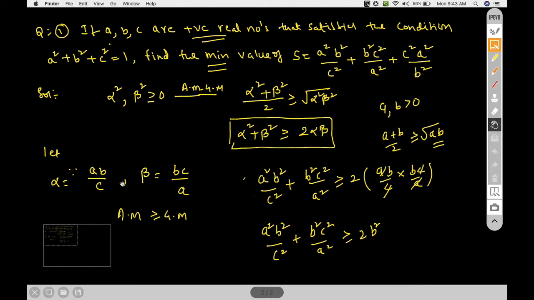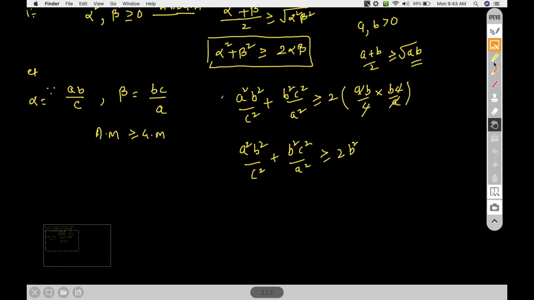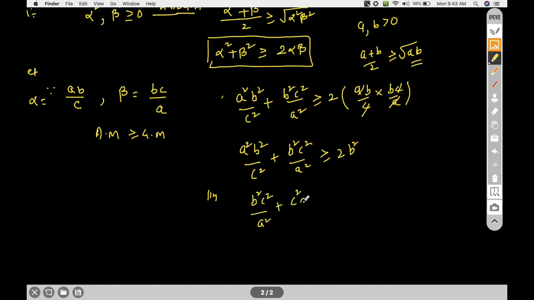Then B square C square by A square plus C square A square by B square is greater than or equal to 2 times C square, because in BC by A into CA by B, the B's cancel and the A's cancel, so you remain with 2C square.